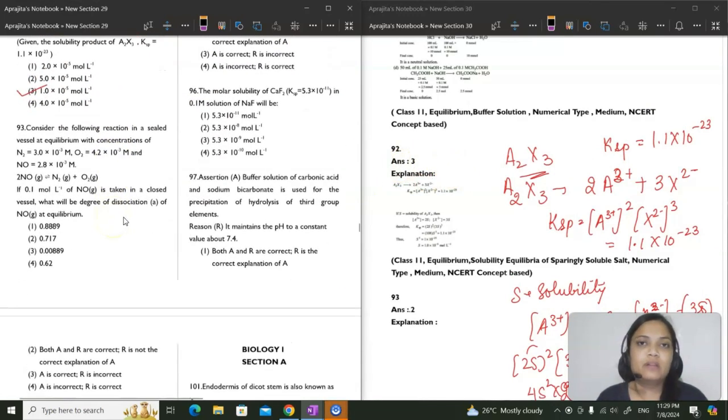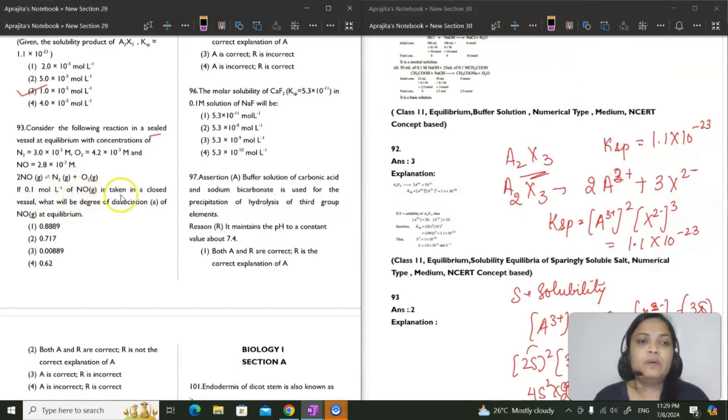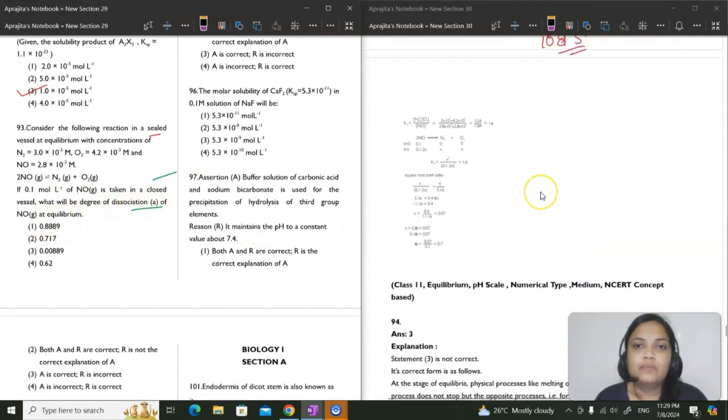Next is question number 93. Consider the following reaction in a sealed vessel with the concentrations given. It is given that if 0.1 mole per liter of nitric oxide is taken in a closed vessel, what will be the degree of dissociation of nitric oxide at equilibrium?